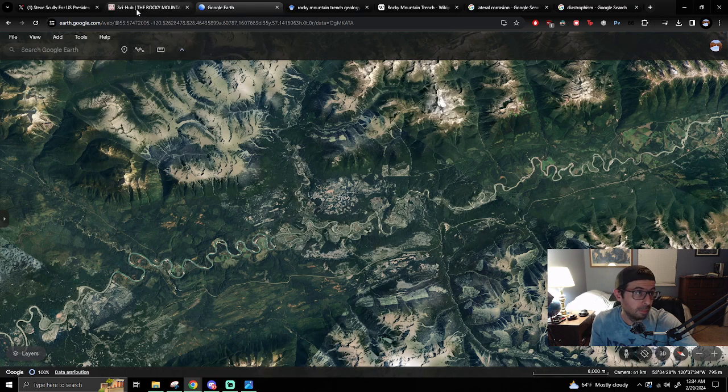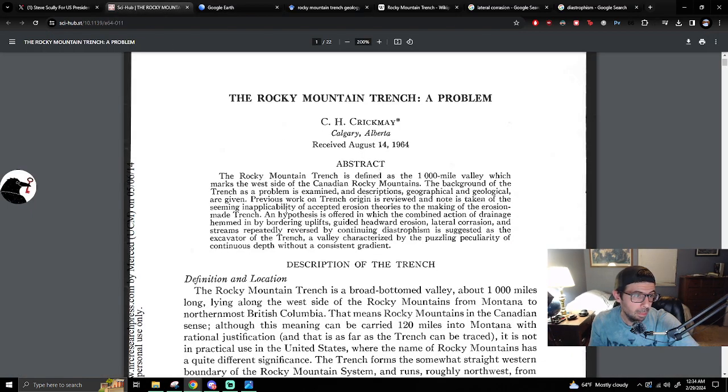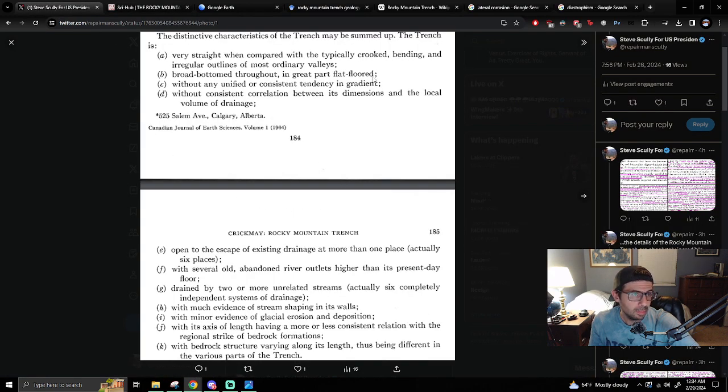Broad bodied. In great part flat floored, without any unified or consistent tendency in gradient, without consistent correlation between its dimensions and the local volume of drainage, open to the escape of existing drainage at more than one place, actually 6 places, with several old abandoned river outlets higher than its present day floor.